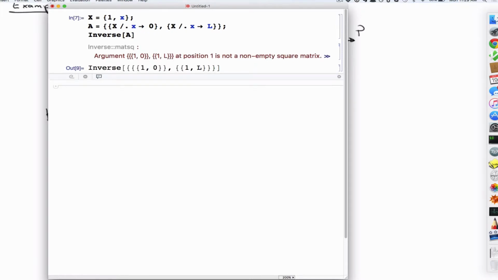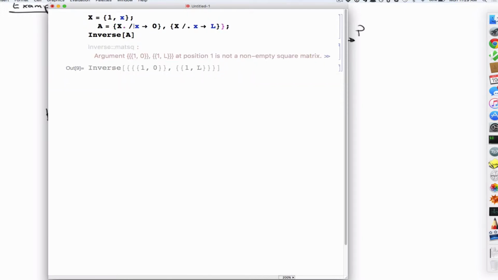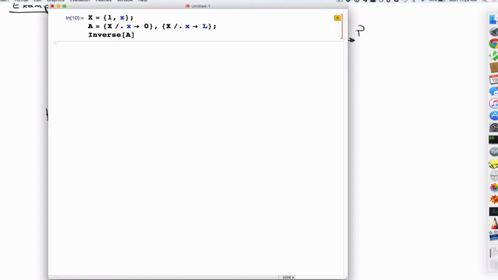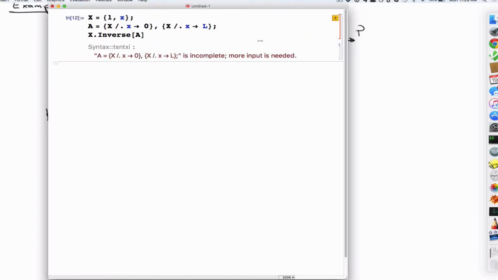What am I doing wrong? Oh, there's an extra set of parentheses in here. That's what's causing it. Let's try this.